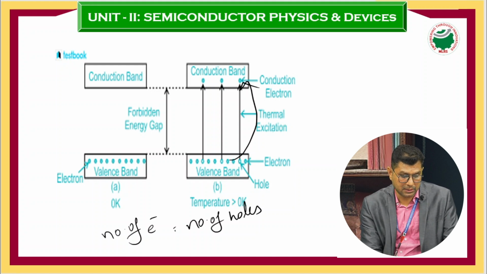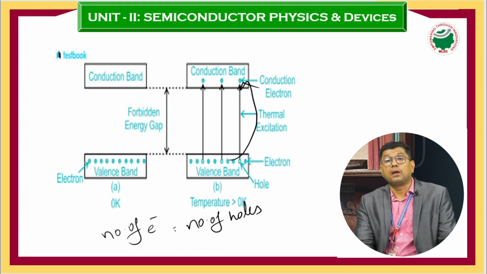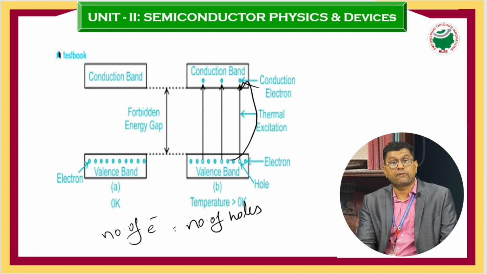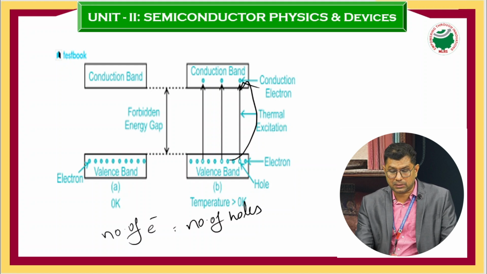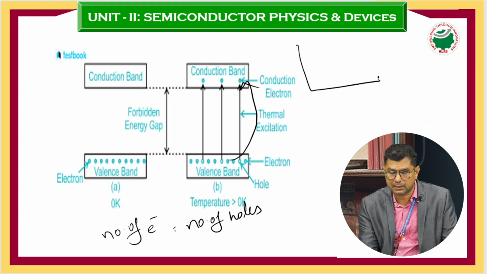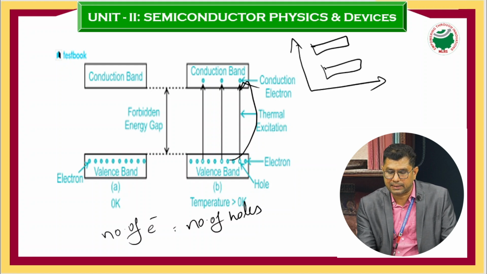These are the properties of intrinsic semiconductors. The first one is that in an intrinsic semiconductor, the number of electrons equals the number of holes. That's why the Fermi level is exactly between the valency band and conduction band.